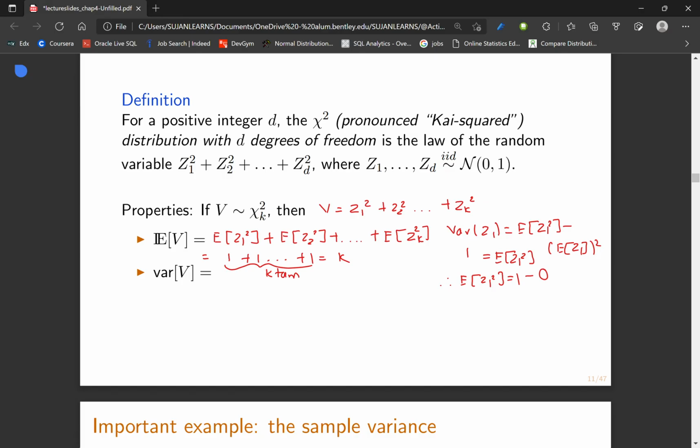Variance of V is a variance of each of these terms that makes up the V. That is variance of Z1 square plus variance of Z2 square up to variance of Zk square. Now we have these k terms that make up the variance of V.